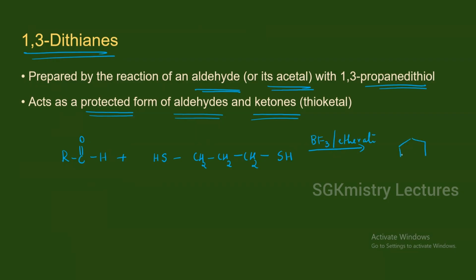Now we are going to get the 1,3-dithiane. So here 3 carbon atoms are already there in this ring, and 2 sulfur atoms here. This is attached to the carbon, that is the carbon of the carbonyl group. So here we have R and here we have H. So this is the 1,3-dithiane.